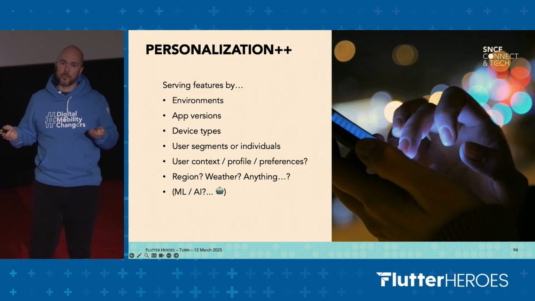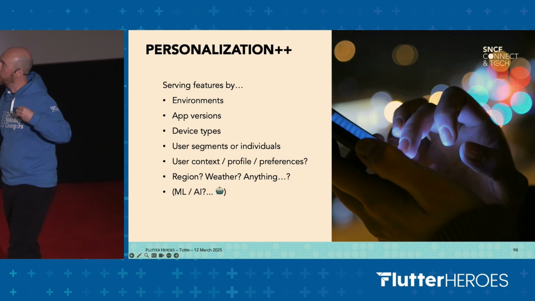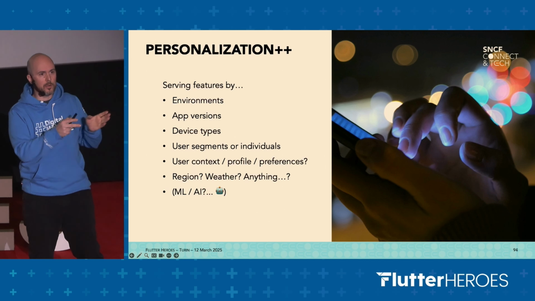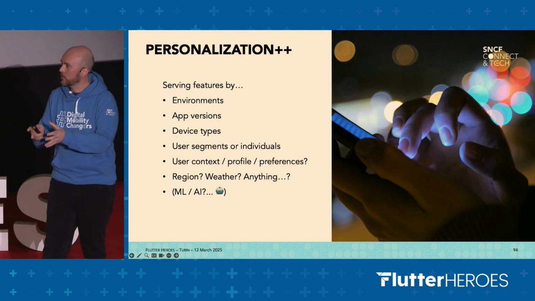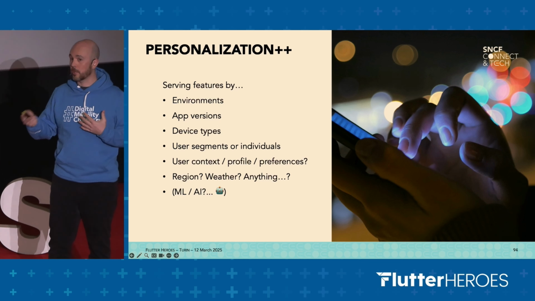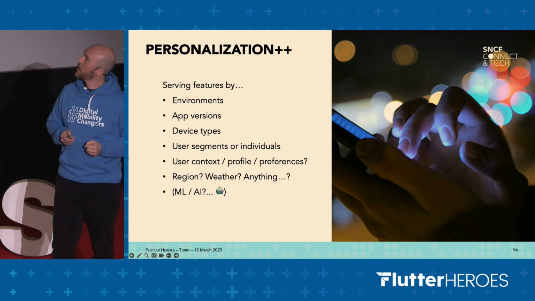We could serve the features not only as we used to by environment, thinking features enabled or disabled per environment or per version of our application, but also per groups of users, per segments, providing information through the context.